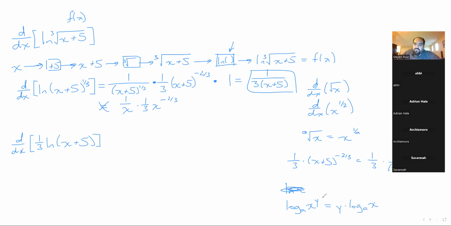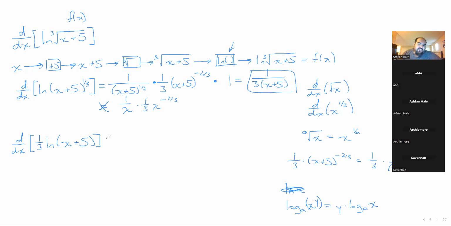So basically, if I have an exponent in the thing I'm taking the logarithm of, then I can bring that exponent down and just multiply it by the log of whatever the original base is.